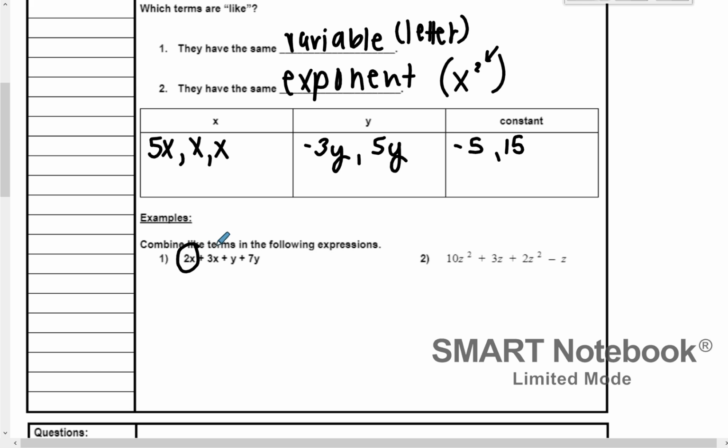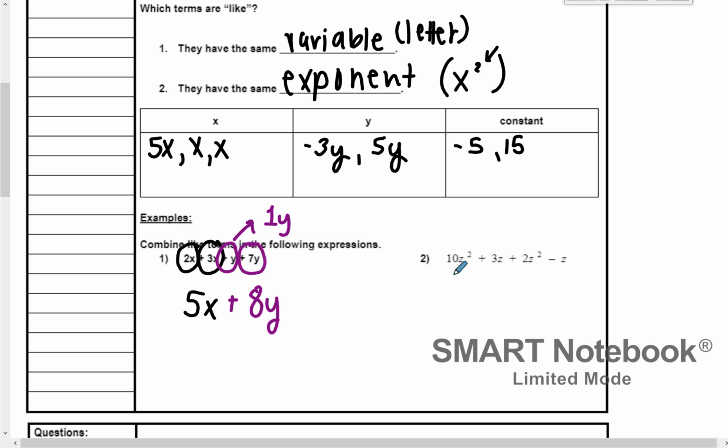So we have a 2x plus a 3x, no other x's, so 2x plus 3x gives me 5x. Then I have a plus y plus 7y. Now remember, this plus y is a 1y. Remember, the number in front of this y is a 1. So 1y plus 7y gives us 8y.